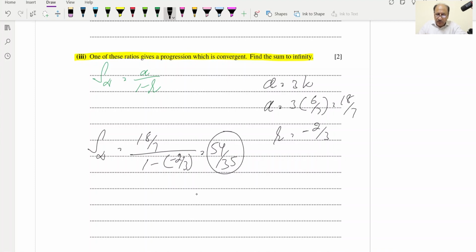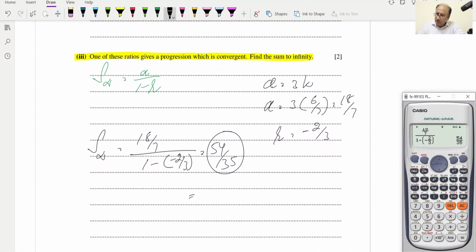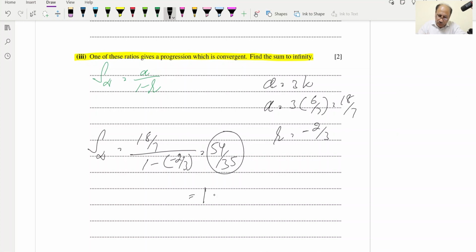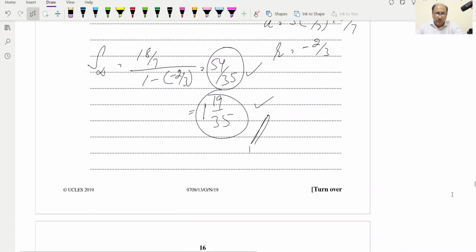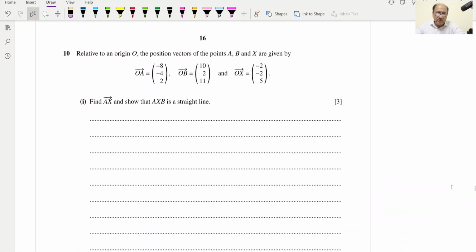We can also write it as a mixed number, 1 whole 19 over 35. This can be the answer for this part. Hopefully you understood this. Now question number 10.